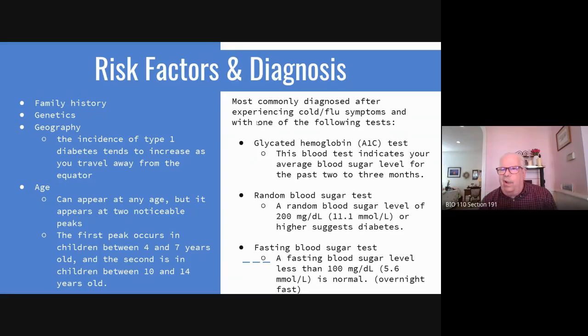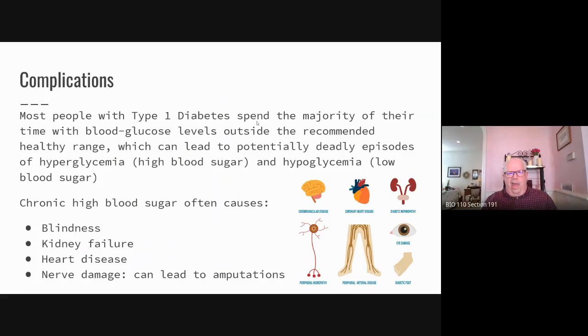And if your A1C is over 7, you probably have diabetes. There are many complications with diabetes. The majority of your life is spent getting your blood sugar to be normal. You're going to have deadly episodes of hyperglycemia, high blood sugar, and hypoglycemia, low blood sugar.